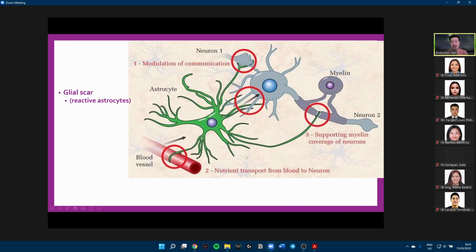So transport of nutrients from the blood to the neuron, because it has connection with the blood vessel and the neuron, so it can give oxygenation, blood supply to the neurons para mabuhay yung neurons. Thirdly, these astrocytes can give support or framework or skeleton to your myelin coverage. Take note, the astrocytes do not produce the myelin. They only give support or structural framework. Taga-support lang siya to the myelin coverage.